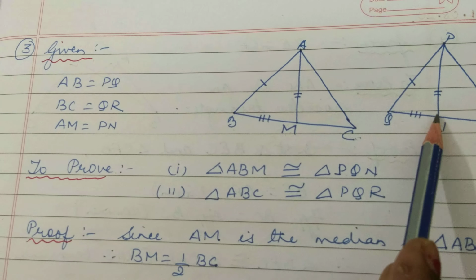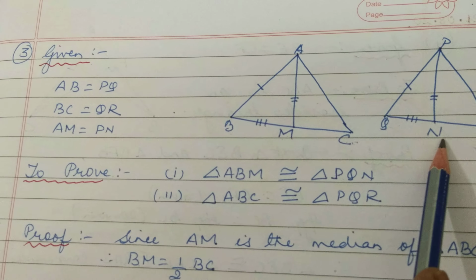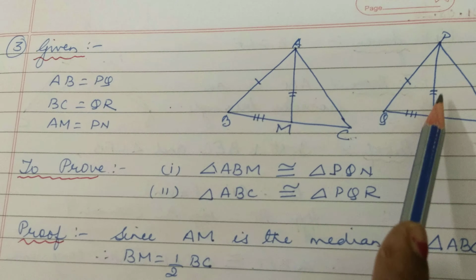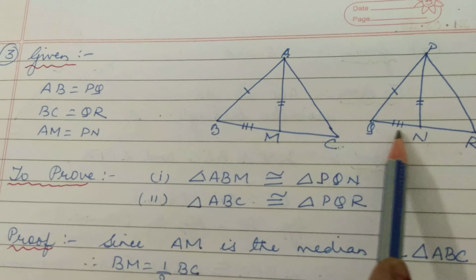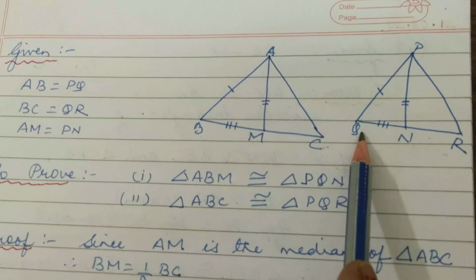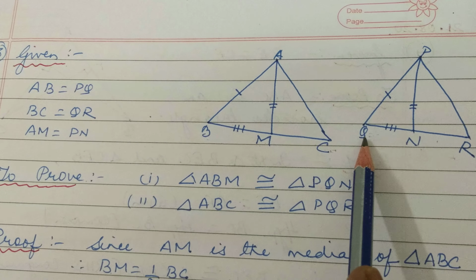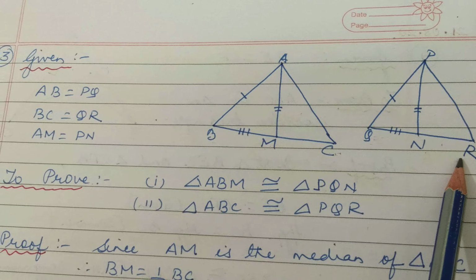Similarly, since PN is the median of triangle PQR, PN is dividing QR into two equal parts. So we can write QN equals half of QR.